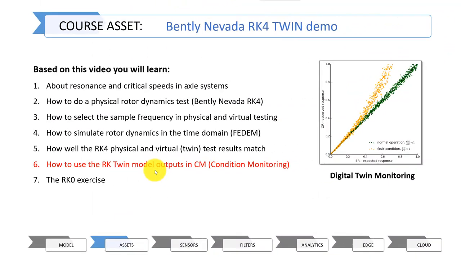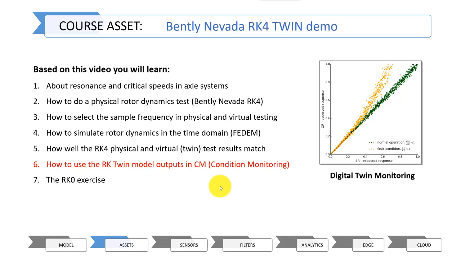There are different ways to use a digital twin model in condition monitoring of a physical asset. First, if you have an expected linear relationship or a linear behavior of your asset, then you can model the asset in its mint condition, and then you can compare the simulation results with the observed or physical test results, and you should have a one-to-one relationship. That means a linear relationship.